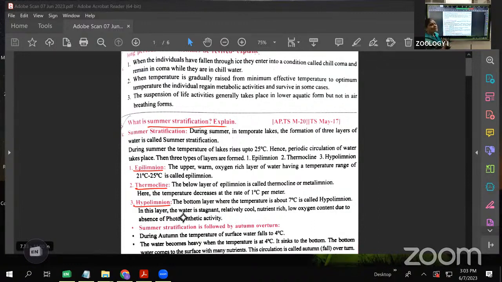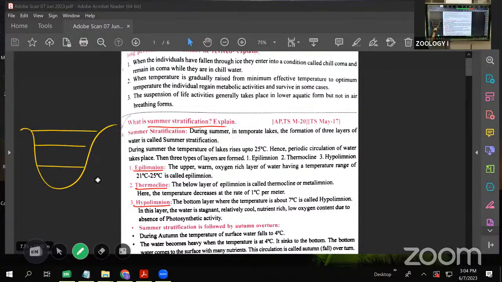In the summer season, the water, for example, see this one. This one is the lake. The inside of the lake, the upper portion of the water is called the epilimnion. Middle is called the thermocline. Last is called the hypolimnion. See this one, first, upper.